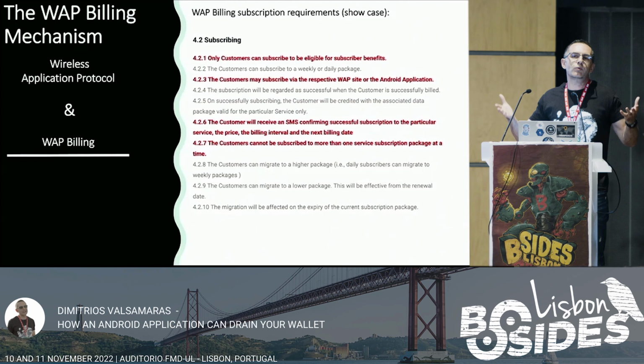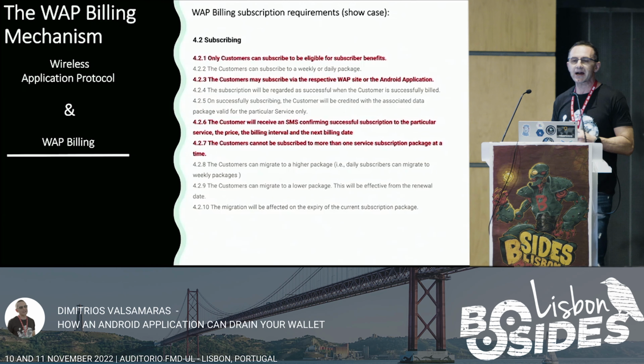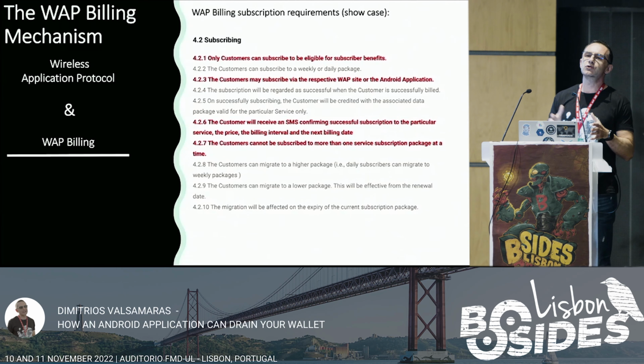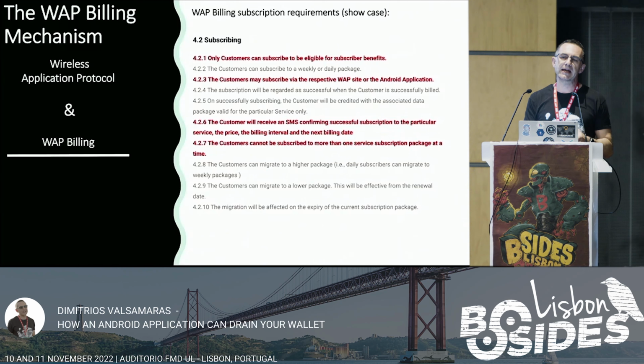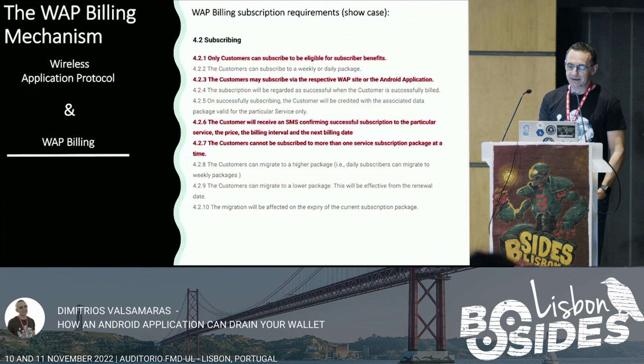And who are the customers here? We're talking about people who are registered to a specific SIM operator. These users may subscribe by using the respective WAP-enabled website or the Android app, as it points out in the slide.